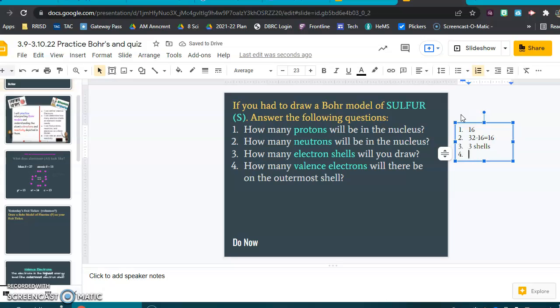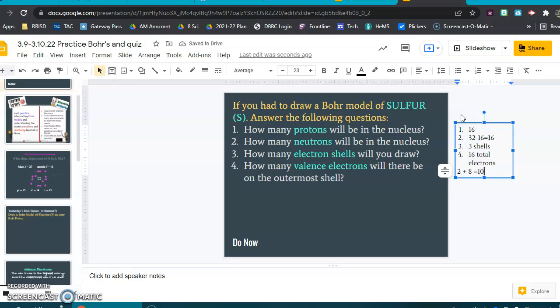Well, we're going to have to count this up because we know we're going to have 16 total electrons. In the first level we have 2. In the next level we have 8. So that's 10.